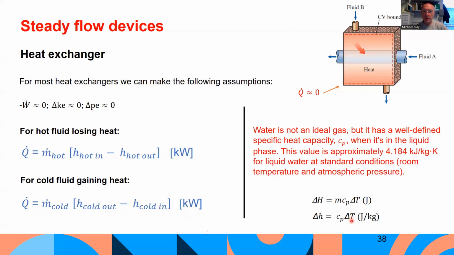And what we can also do in these equations is we can express the specific enthalpy in terms of the specific heat capacity and the temperature. So we look at that now.